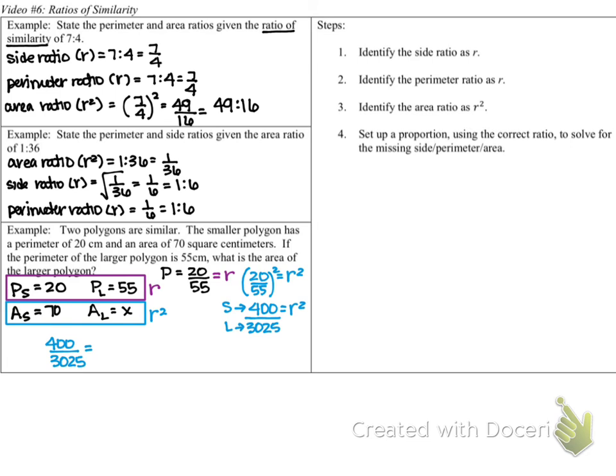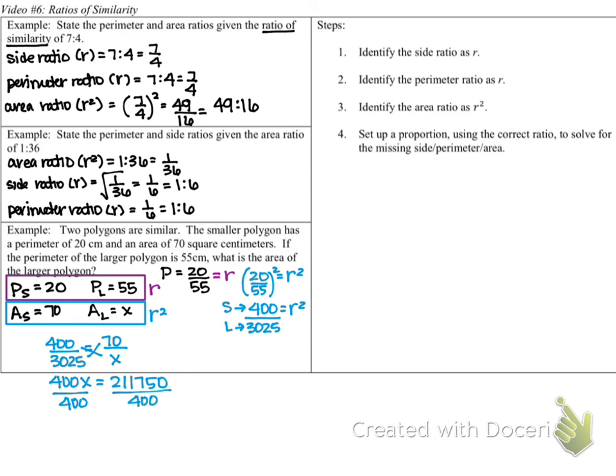Well, we know the area of the smaller one is 70. That was given to us. We're trying to find the area of the larger one. So let's call this x. So now I'm going to cross multiply. So that's going to give me 400x is equal to, and then we're going to take that 3025 and multiply it by 70. That's going to give me 211,750. Go ahead and divide by the 400.